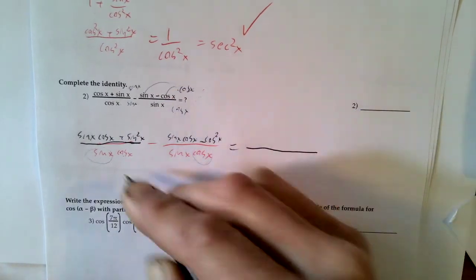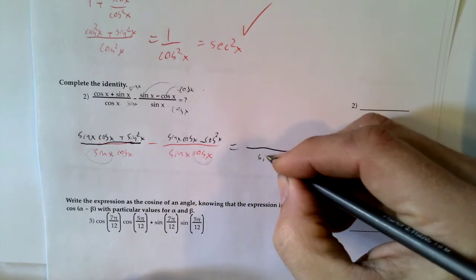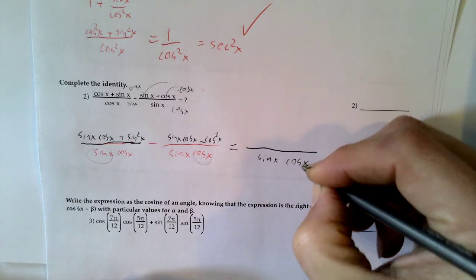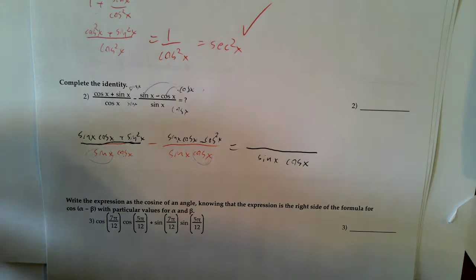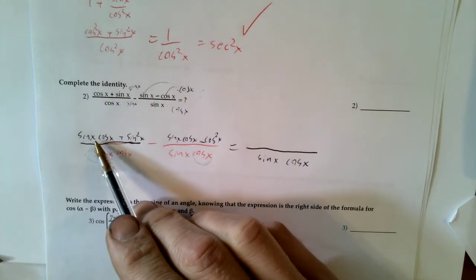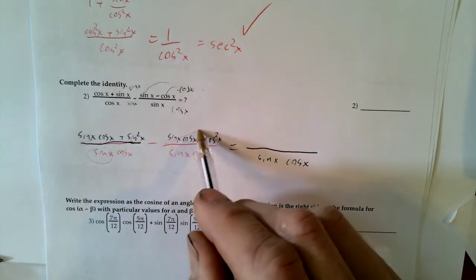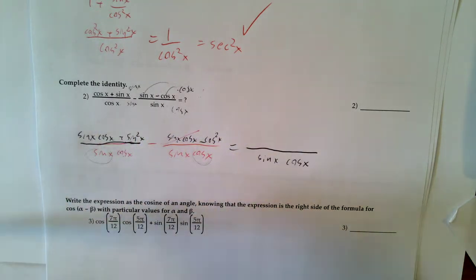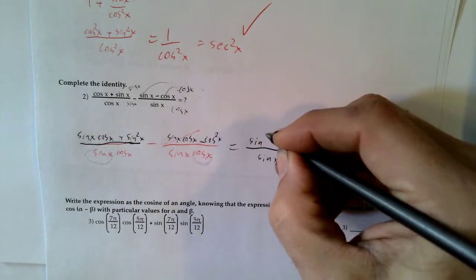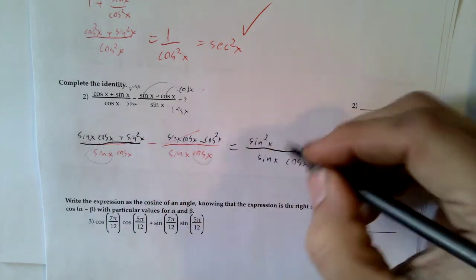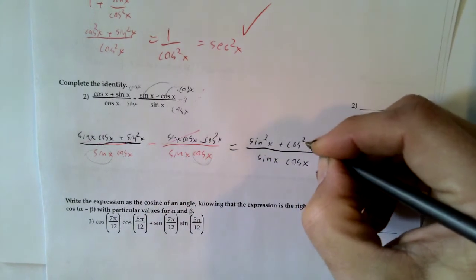So then algebra says now that you have a common denominator, you keep the common denominator and go ahead and do the subtraction on top. That's sine x cosine x minus sine x cosine x. Those are opposite terms. This is here, I got sine squared minus negative cosine squared x, which is a plus.